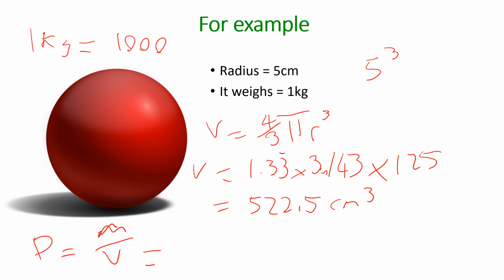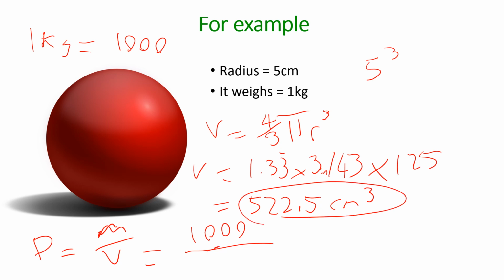So therefore in our calculation, our numerator is 1,000. We divide that by our volume, which we worked out before, 522.5. And then I'm just going to grab my phone here because I can't work that out in my head. So 1,000 divided by 522.5 equals, I'll go to 2 decimal places, 1.91. Again, careful with your units, grams per centimetres cubed.